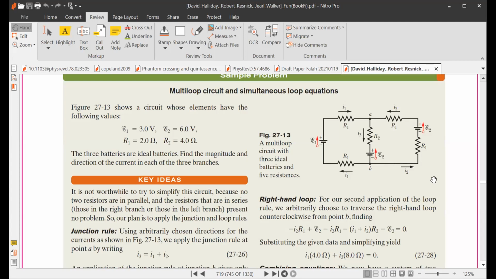R1 is 2 ohms, R2 is 4 ohms, and the figure is like this. So epsilon 1, we have one in the circuit, and epsilon 2, we have two batteries.